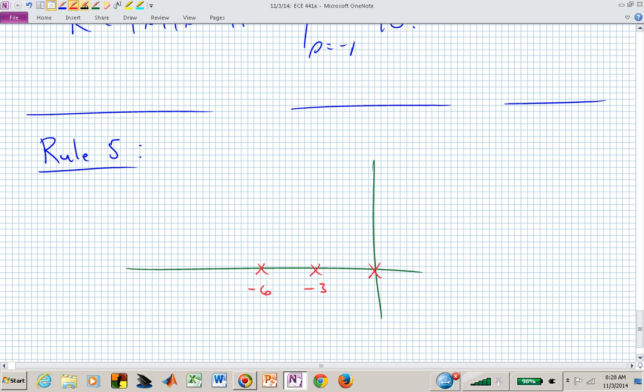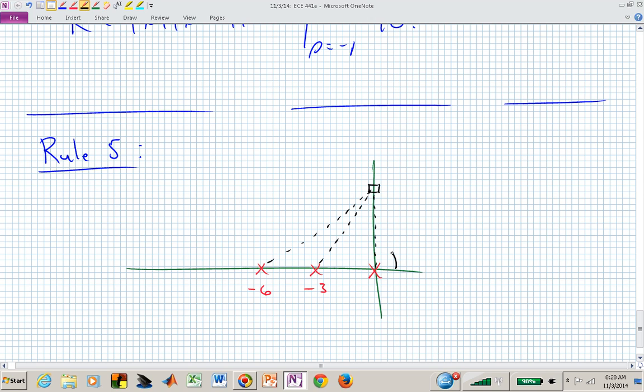But what I'm doing is looking at a particular point on the imaginary axis, and determining the angles that these poles, and if I had zeros, where those zeros are relative to that location.